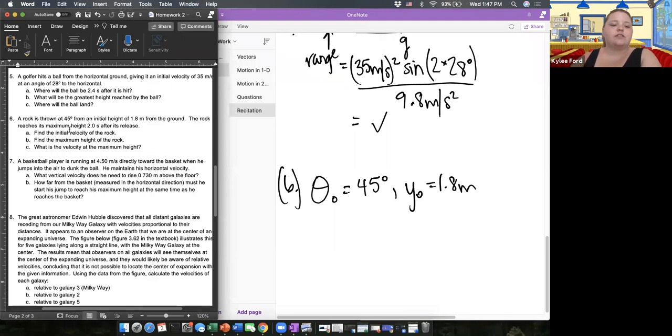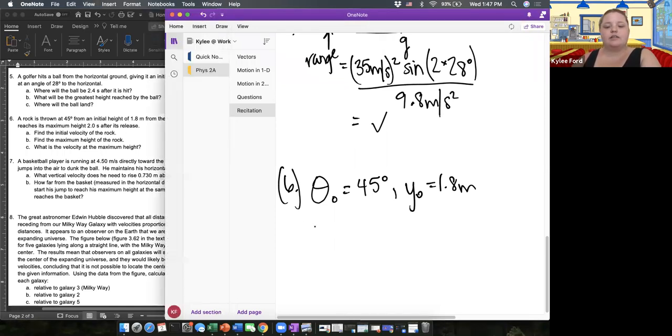The rock reaches its maximum height. So I'm gonna call that T max, just so that we know that it's a maximum height at 2.0 seconds.